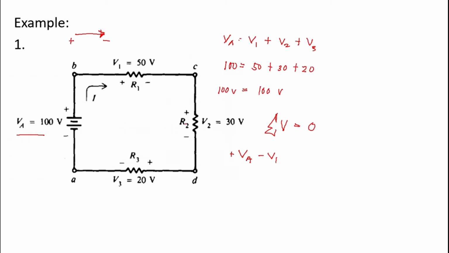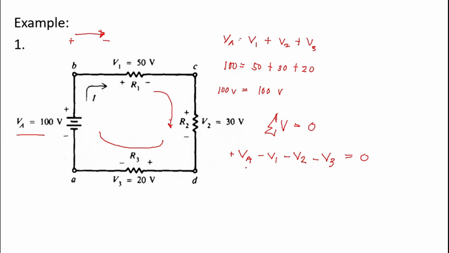Enters the positive, leaves the negative, that is minus B2. And then, back to the source, positive, negative, so minus B3 is equal to 0.